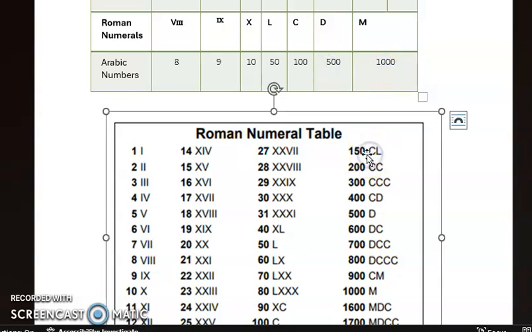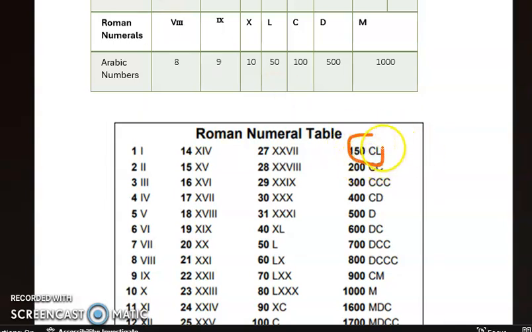So of course, if you're looking at 150, which is right here, then you expect to see L, which is 50, plus C, which is 100, and that is why we actually have CL, which means 100 plus 50 gives you 150.